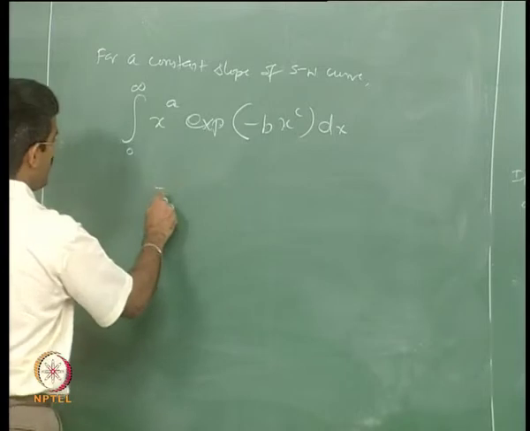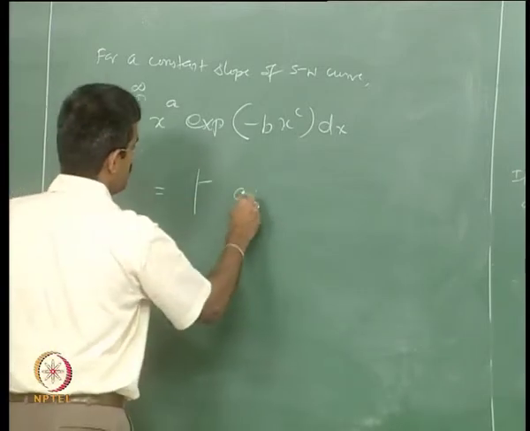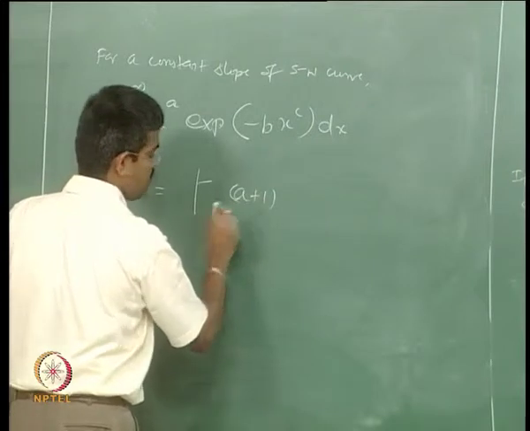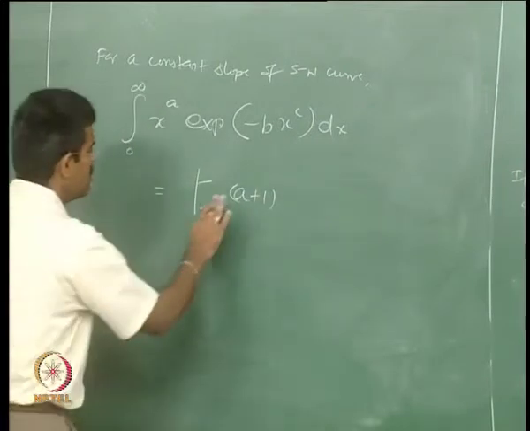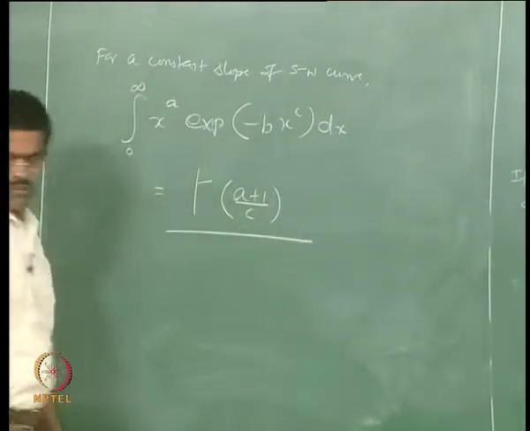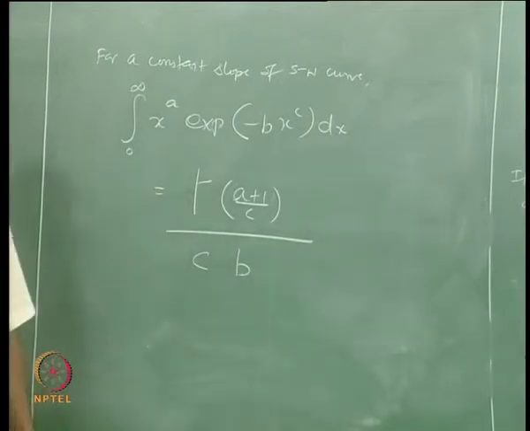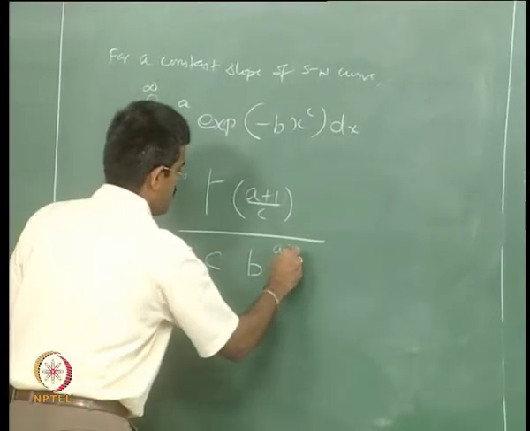which can be simply written as the gamma function of (a plus 1) by c, divided by c times b to the power (a plus 1) by c.